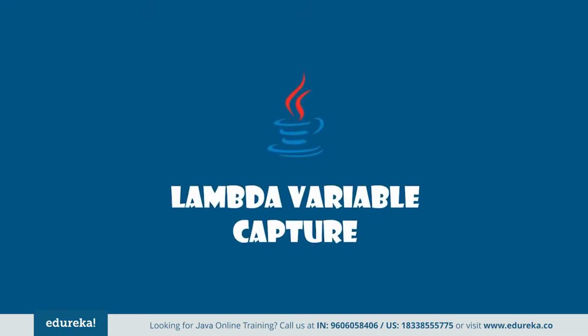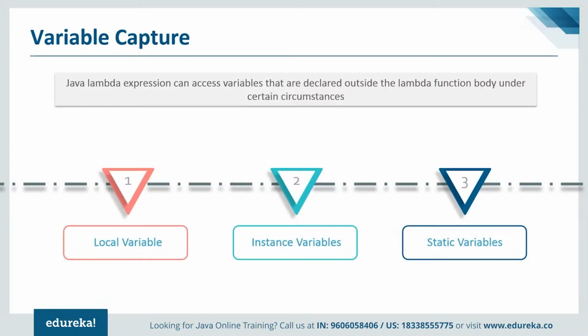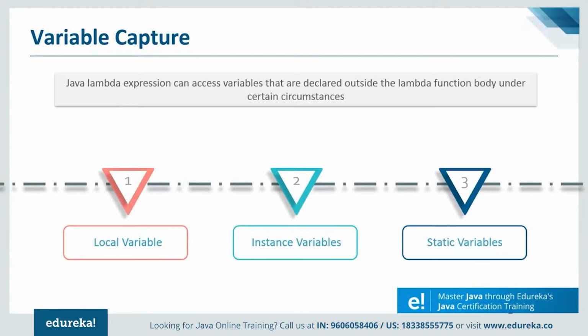Now, the different variables in your lambda expressions, how they can be captured. That is the other part which we have to look into, guys. So coming here, there can be a local variable, there can be an instance variable, there can be static variables. A Java lambda expression can access variables that are declared outside the lambda function body under certain circumstances.